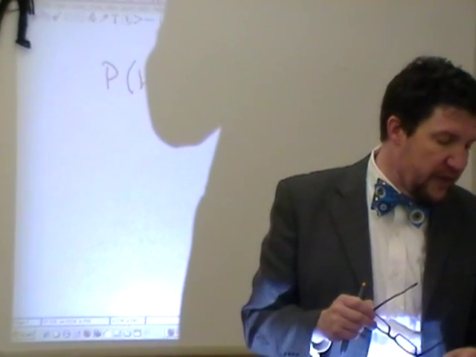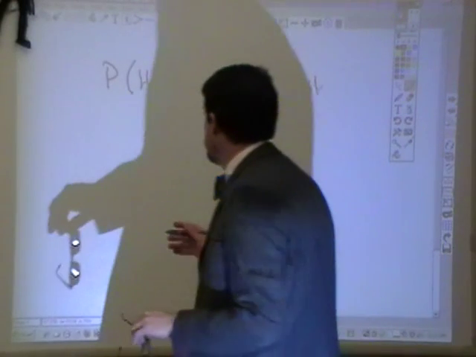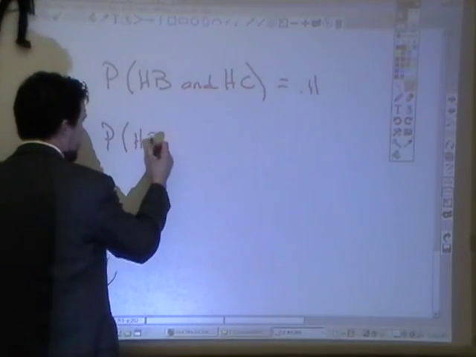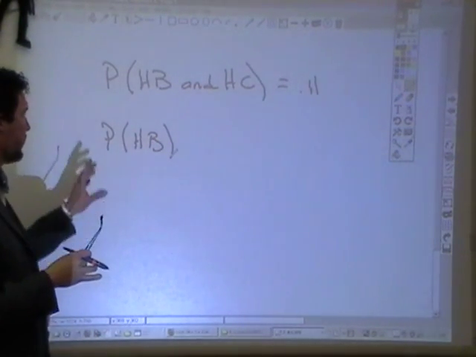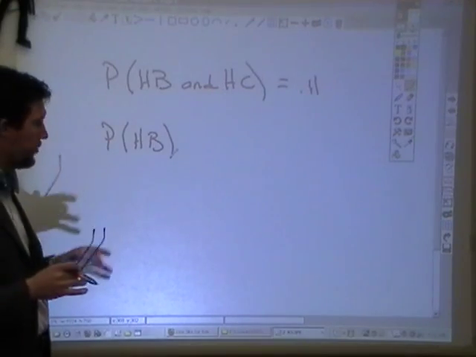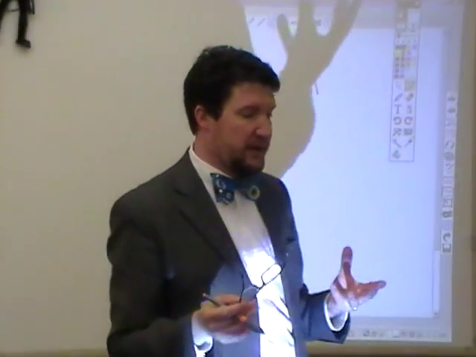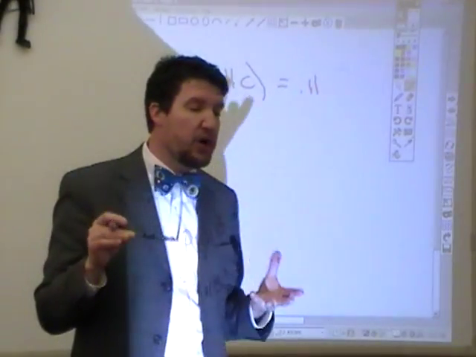All right, B. What's the probability that he has high blood pressure? If he's got high blood pressure, we're talking about the probability of high blood pressure. What that actually means, because there are two conditions listed under the high blood pressure column, is that he could have high blood pressure and high cholesterol, or he could have high blood pressure and okay cholesterol.